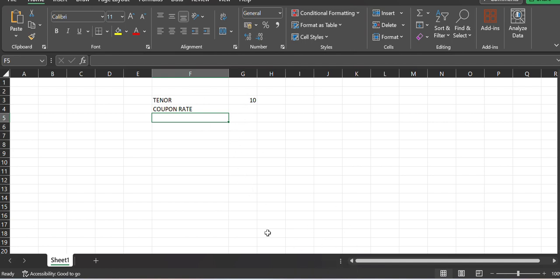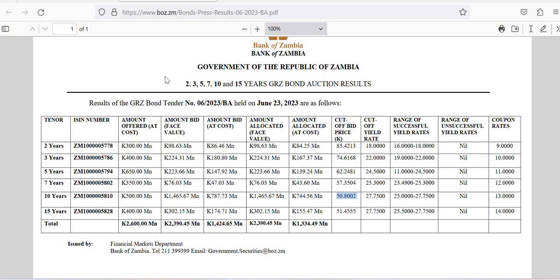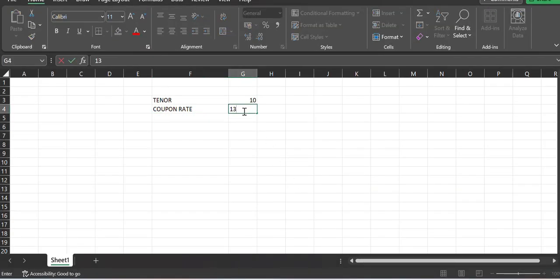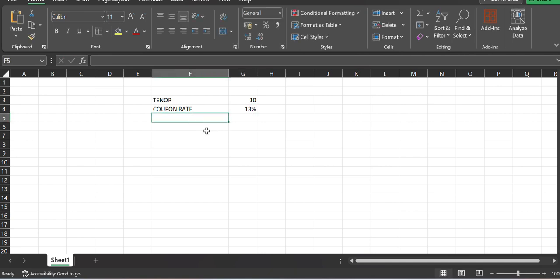For a 10-year bond, it's 13%. Then, of course, there is your maturity date. We know what your maturity date is.